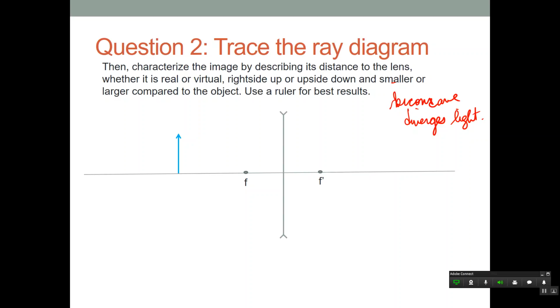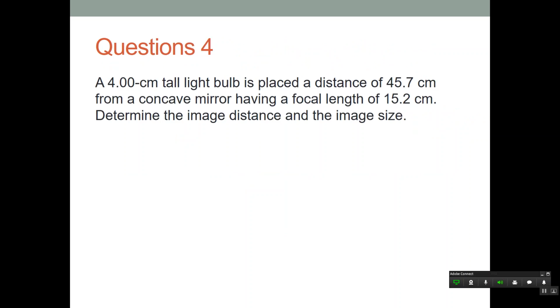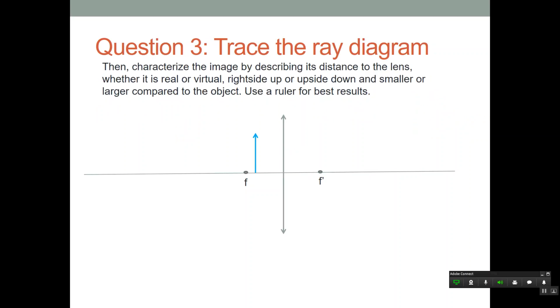Divergence. No, it doesn't. The one's behind. It's not supposed to form it in front, right?